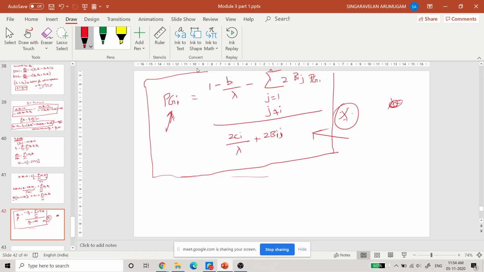But there is a procedure to get this PGi. That procedure I will take in the next class. That is called the algorithm. So the algorithm to find out the optimum dispatch, including the losses, we will see in the next class. Up to this, any doubt? If you have any doubt, we can discuss.